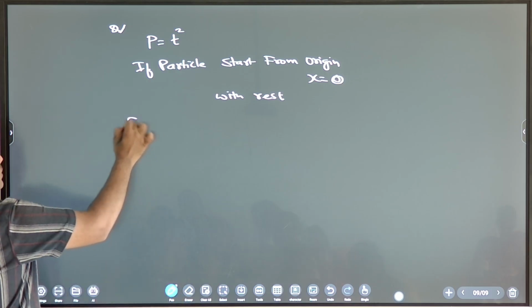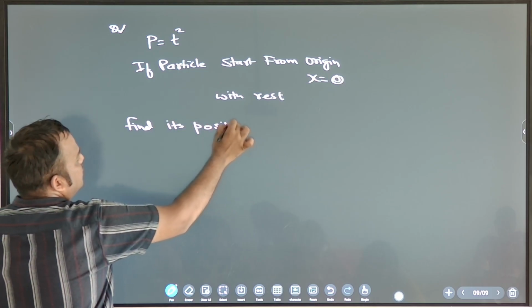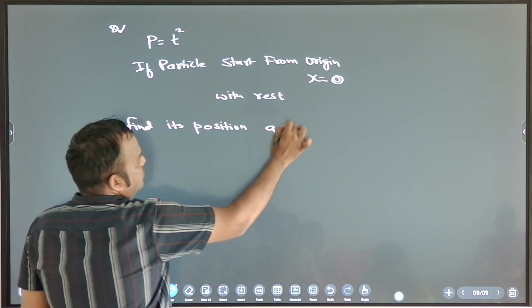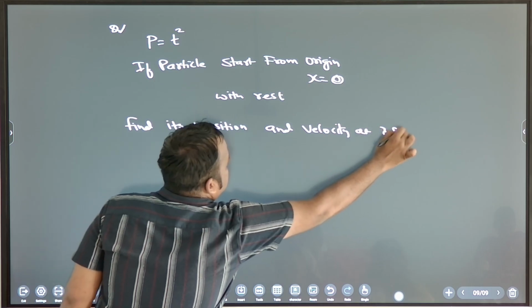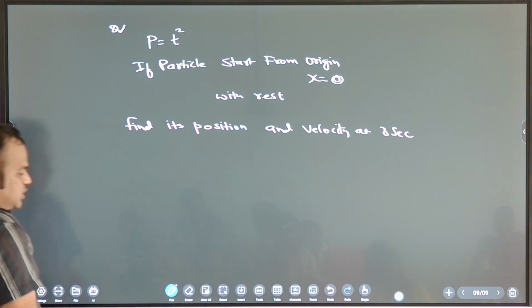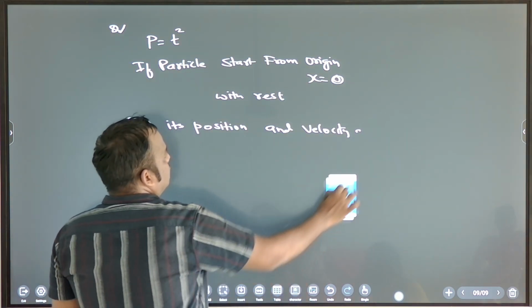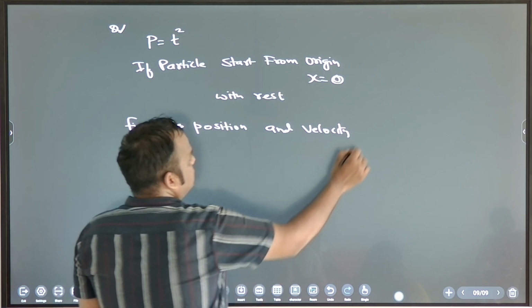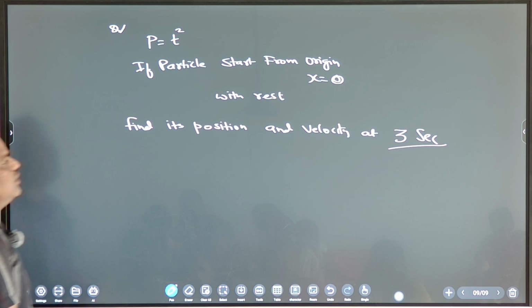So find its position and velocity at 3 seconds. Okay, solve. What is the position and velocity at 3 seconds?